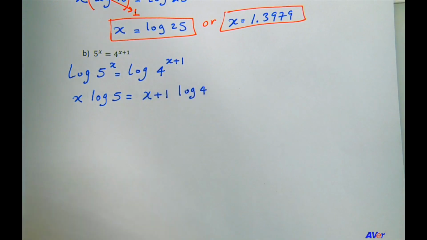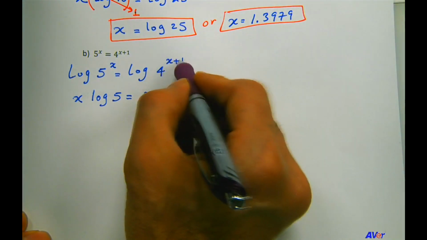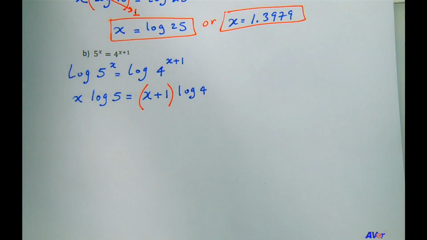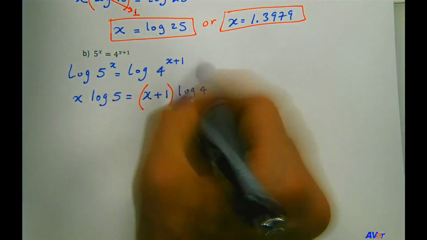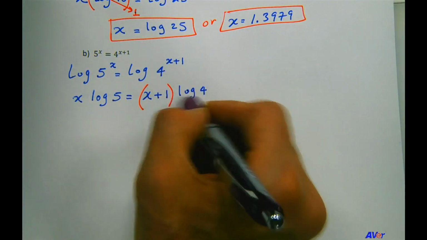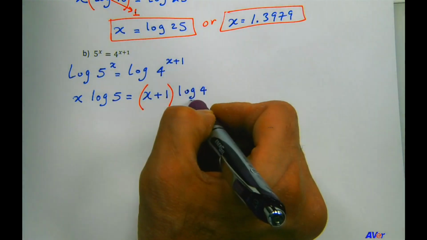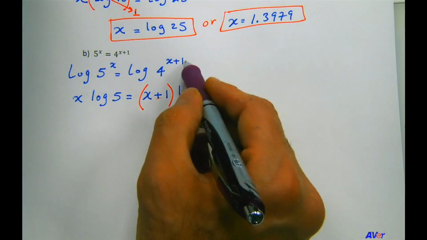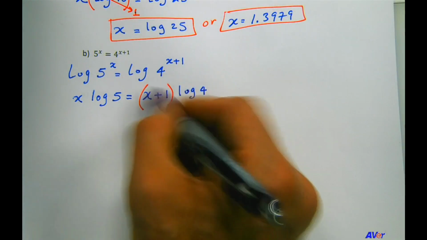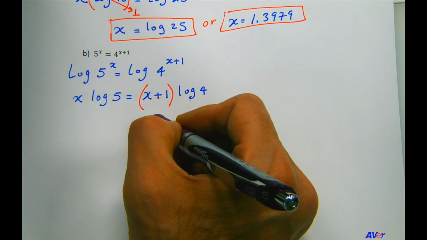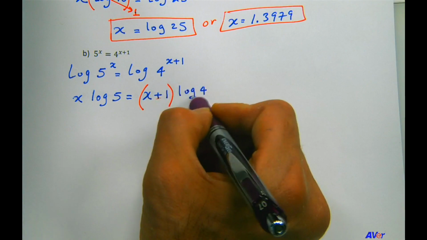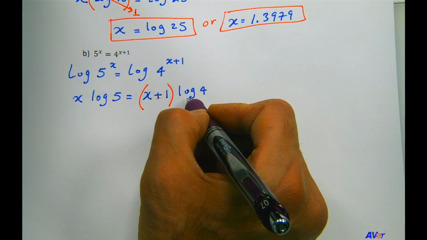So please don't forget, if you have multiple terms in the exponent, when you bring them down, you have to put parentheses around them to indicate the distribution or multiplication by everything that comes after it. If I had 3 terms, I would put the parentheses around all 3 terms to indicate that all 3 terms must be multiplied by log of 4.